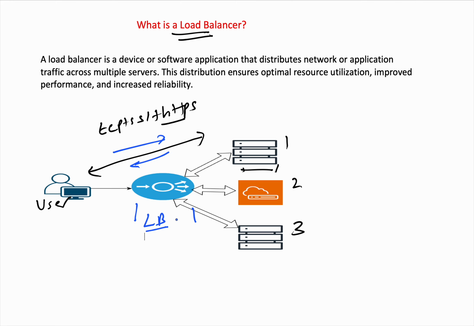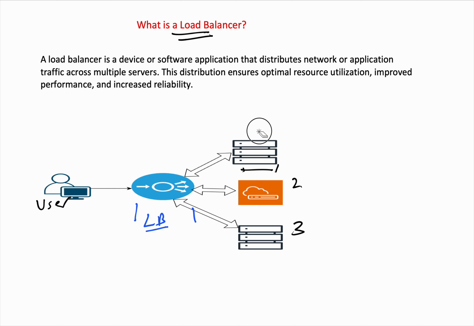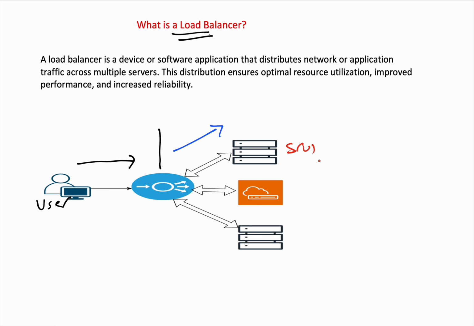Once you send a request, it goes to the load balancer. The load balancer will initiate a request on your behalf to the server. We'll name it server SRV1. For now, we'll just talk about this one.